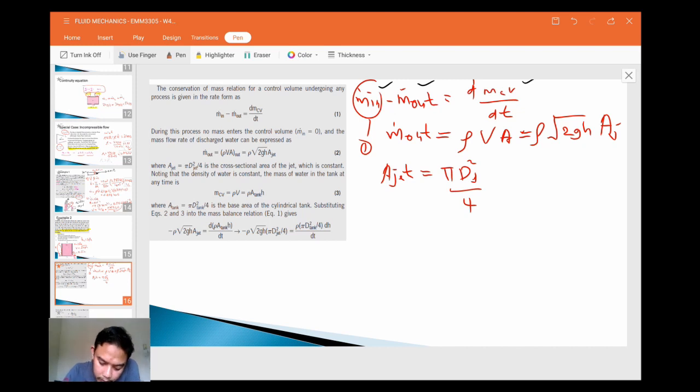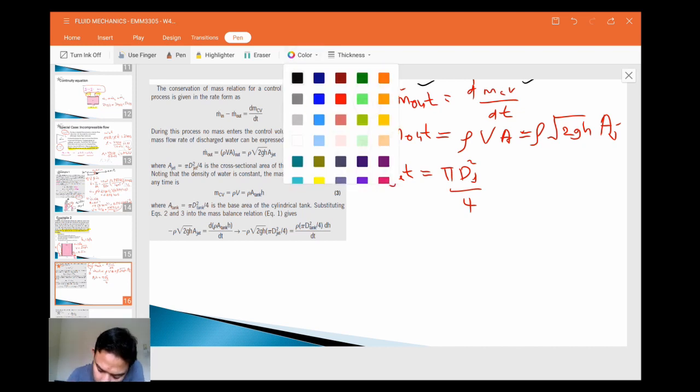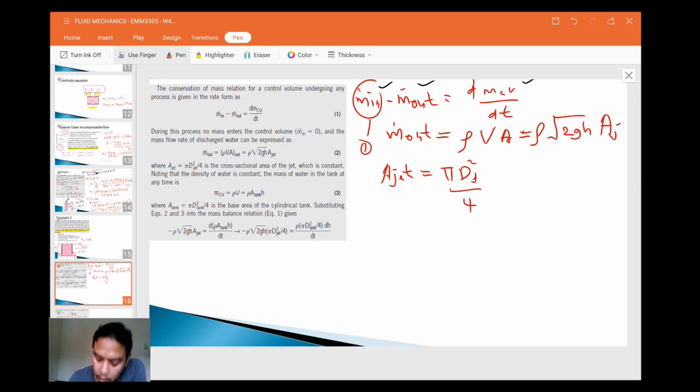The third one: we know that mass in the control volume is equal to rho V, where V is volume, so mass is rho times volume. Volume is area of tank times H, the height.